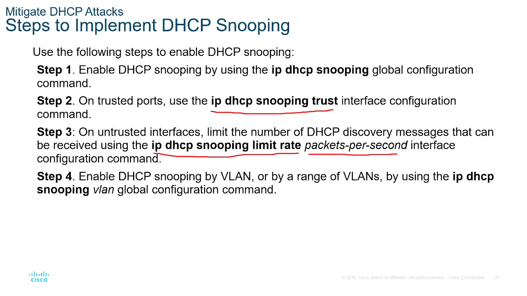Then enable the DHCP snooping by VLAN or by range of VLANs. So for example, meron ka multiple VLANs, 1 to 10, VLAN 1, 2, 3, 4, 5, 6, 7, 8, 9, 10. Para hindi isa-isa yung tinatype mo na VLAN, you can use the VLAN range for that.